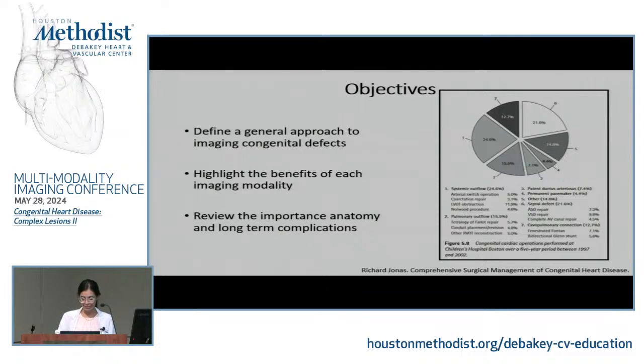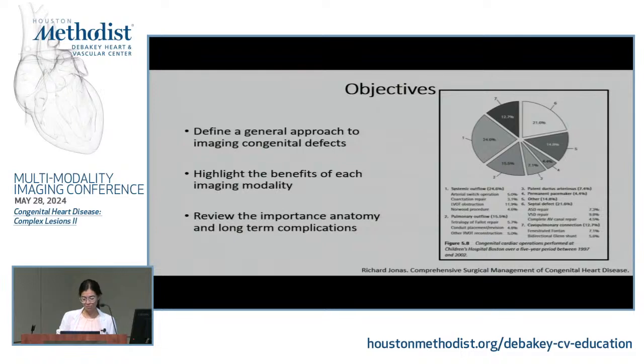This is from Richard Jonas, a congenital surgeon, and this is data from Boston Children's looking at surgeries from 1997 to 2001. Here, number 2, 15.5% of the operations performed at the pediatric hospital in that time frame were interventions of the pulmonary outflow, with tetralogy of Fallot being the most frequent one.